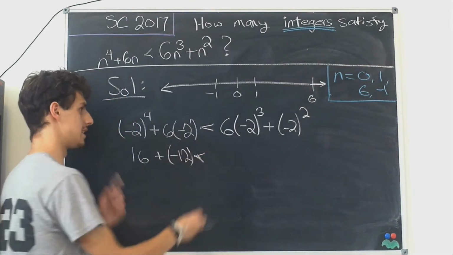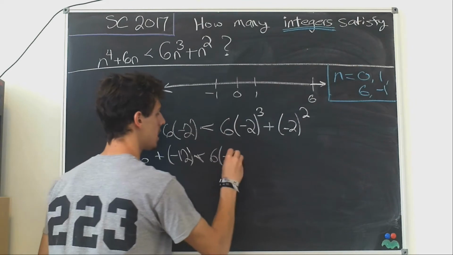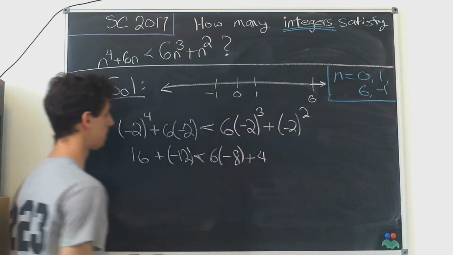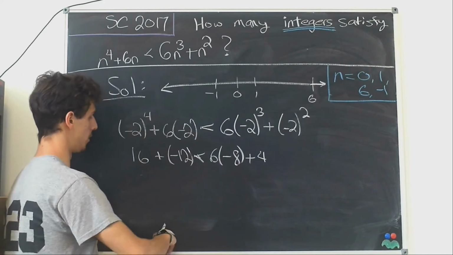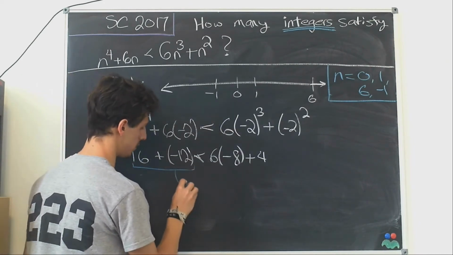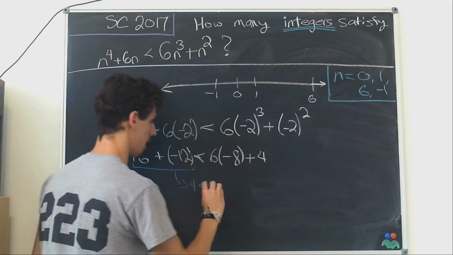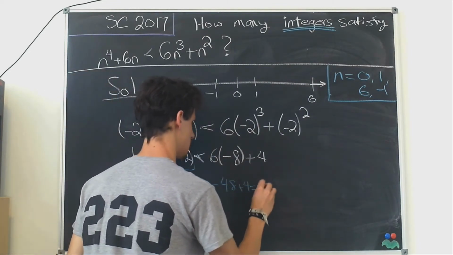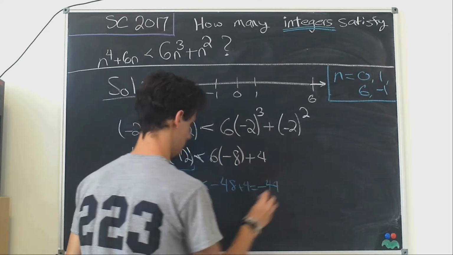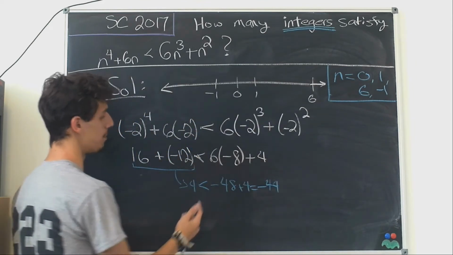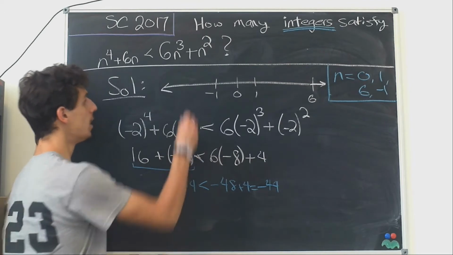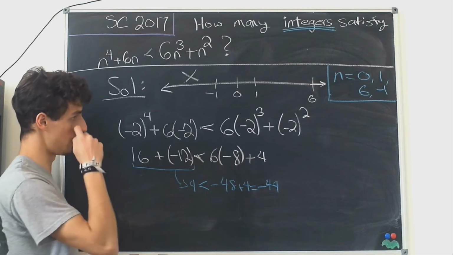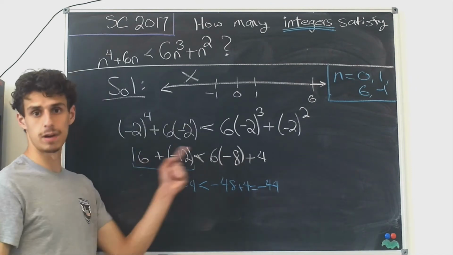And this is less than 6 times negative 8 plus 4. So this here that I'm underlining in blue is going to simplify down to 4, and that will be less than negative 48 plus 4, which is negative 44. But negative 44 is not bigger than 4. So everything to the left of negative 1 here is not a solution to this inequality. Okay, let's erase these and keep going.